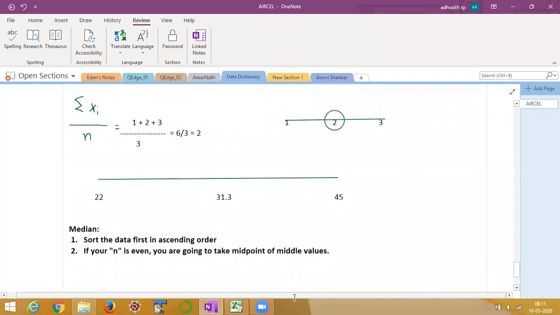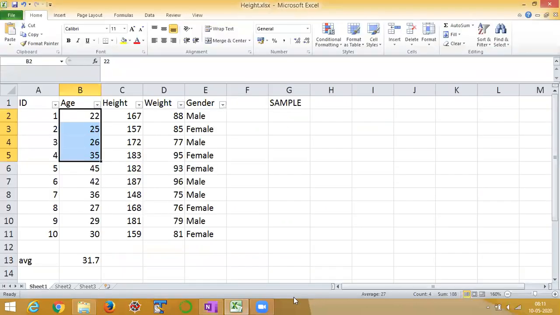Now the question is, if n is odd, which value will you take? Obviously, one middle value will be there. Let's say n is 5 values, from 22 to 45. After sorting, the middle value will be 26.